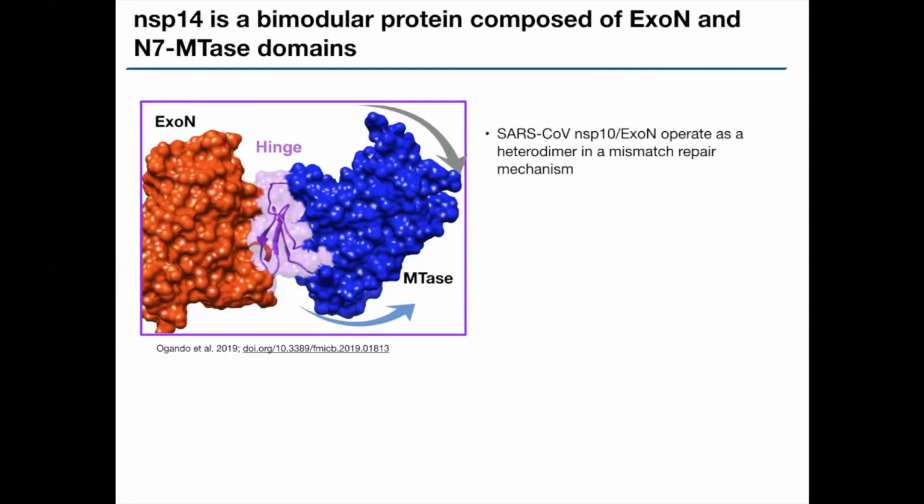And the exo-N works in concert with another non-structural protein called NSP10. Together, these operate as a heterodimer, and they function in basically a mismatch repair mechanism.